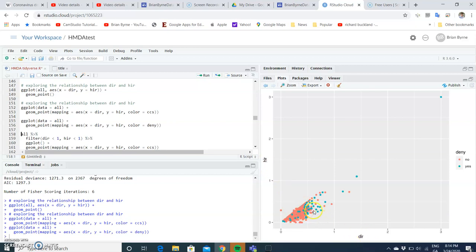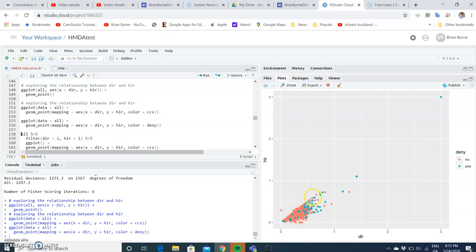If DIR is less than 1, less than 0.5, perhaps less than 0.4, we've more red. And once we go above 0.4, 0.5, there's more blue, blue being associated with more mortgage denial. So higher DIR seems to denote a higher level of mortgage rejection or denial.